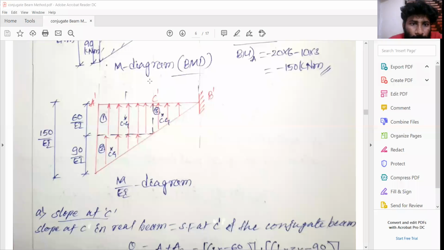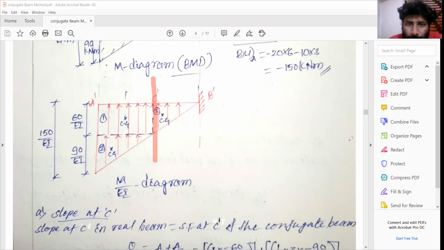I wanted to find the bending moment at C. First, take this area 1, the total load 3 into 60 divided by EI, into the distance from here to the centroid, x bar. So 3 divided by 2 is 1.5 meter. Again here also 1 by 2 into 3 meter into 90 by EI, that's minus, into the distance from here to here, which is 2 by 3 of 3 meter.